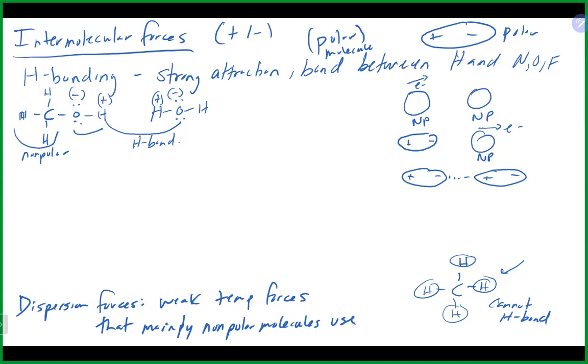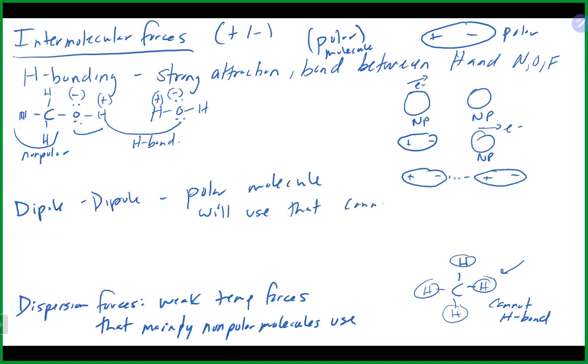So if you have water, it always has a positive side and always has a negative side. In the middle is what is referred to as a dipole interaction, and that's also what a polar molecule will use. That cannot hydrogen bond.